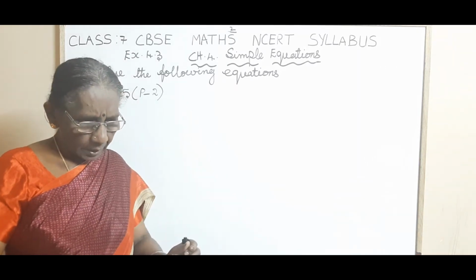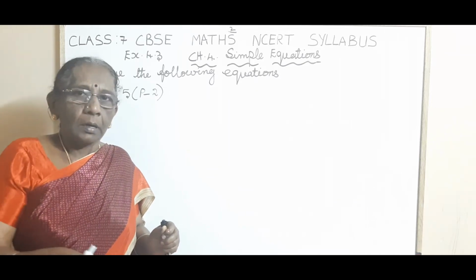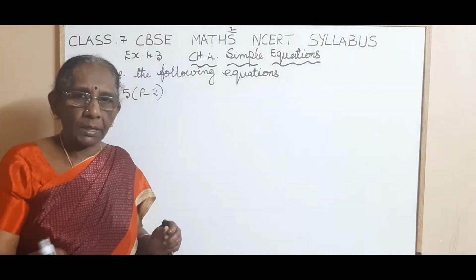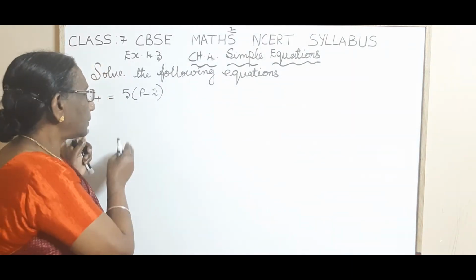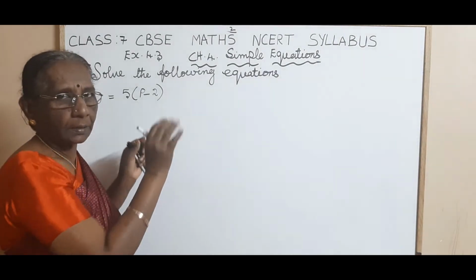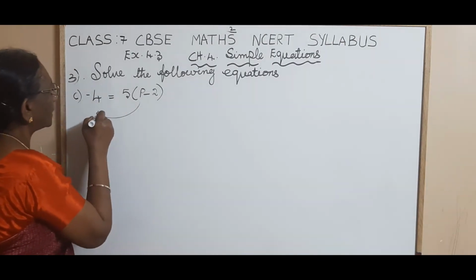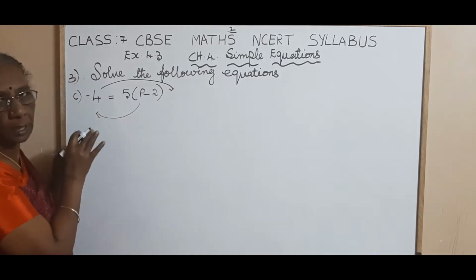So we will keep the weight in the left hand side and the adjustable things, whether you are weighing sugar or whatever it is, in the right hand side. Have you understood? In the same way in the equation also, variables in the left hand side, constants in the right hand side. Okay, so let us interchange. You bring these to the left hand side and bring these to the right hand side. That is the only extra step in this.